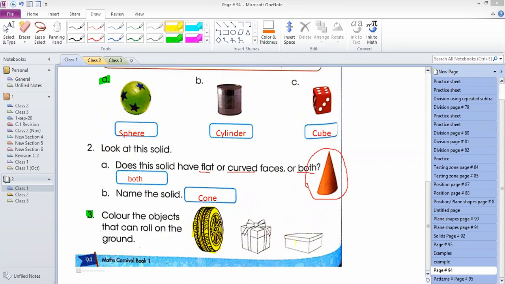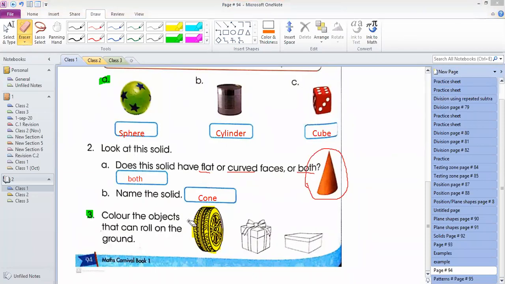Okay. Tell me about this box. Can this box be rolled? Yes or no? No, because it also has flat faces. It cannot roll. It can only slide on the ground.